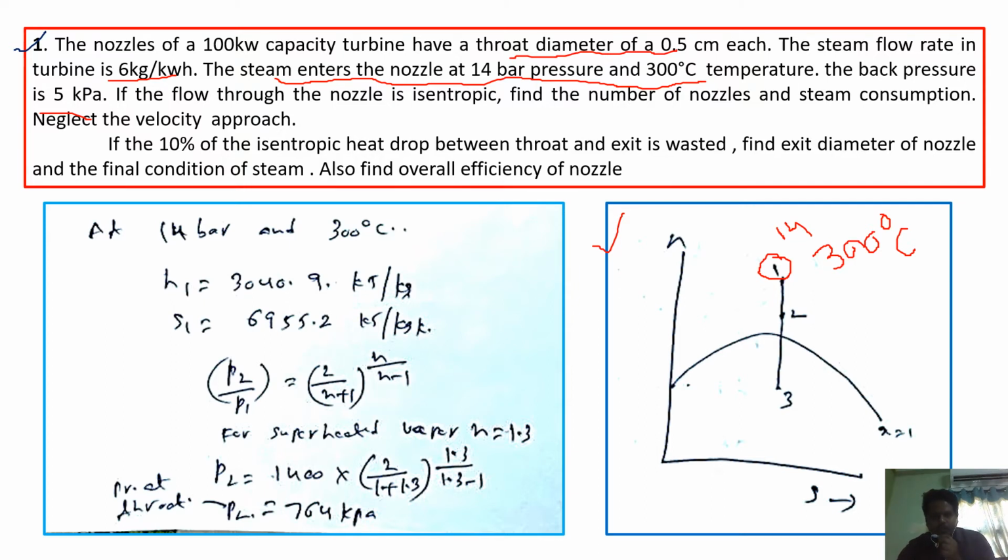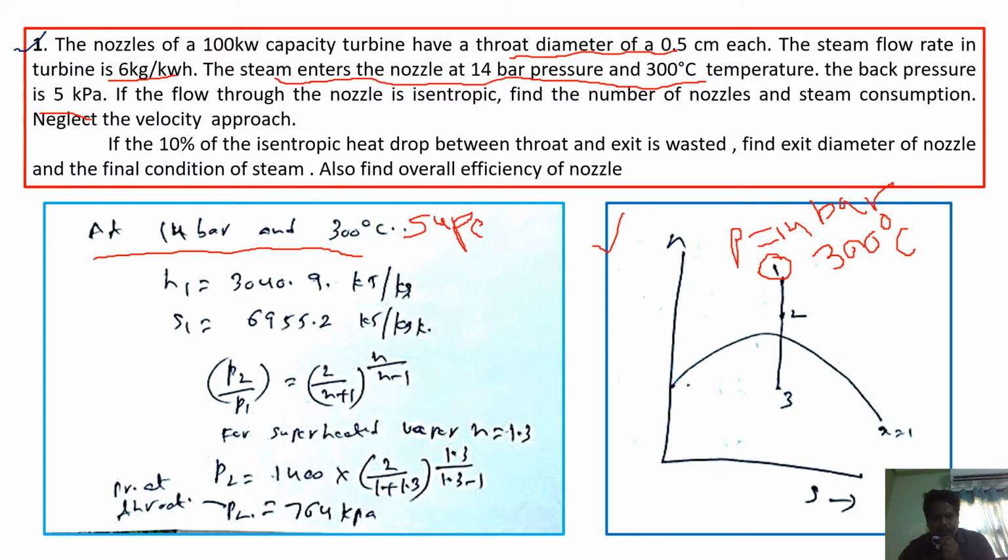So here we have to refer the superheated steam table at pressure 14 bar and temperature 300 degrees centigrade.